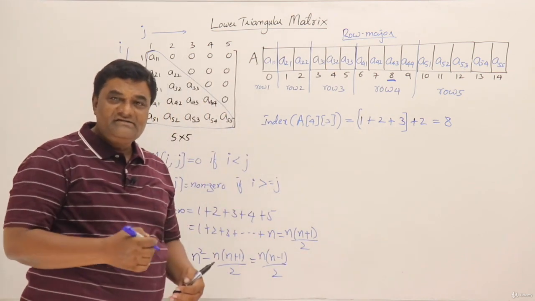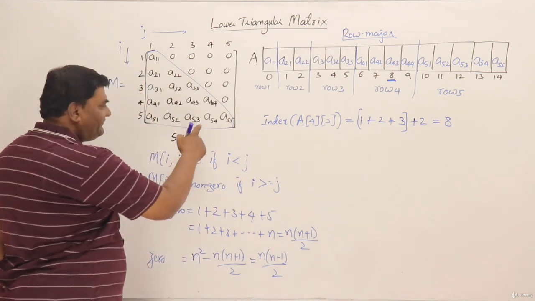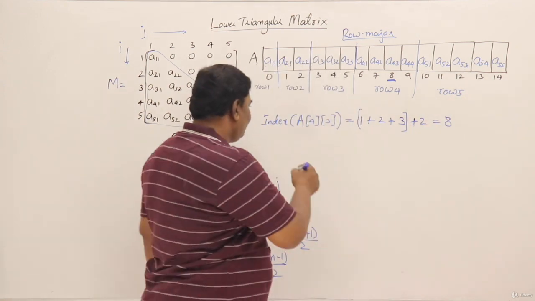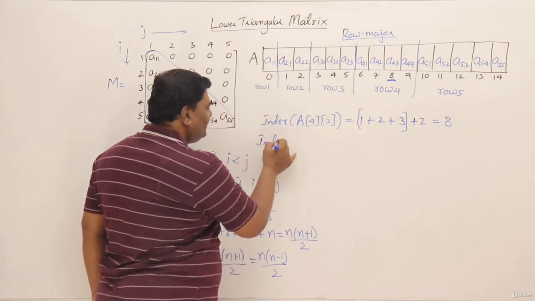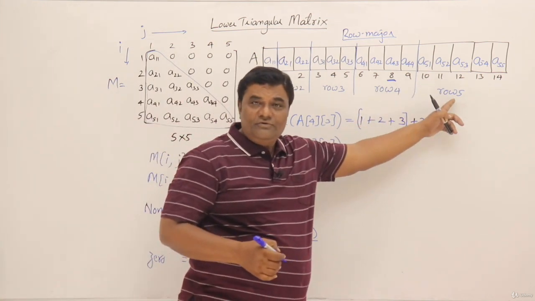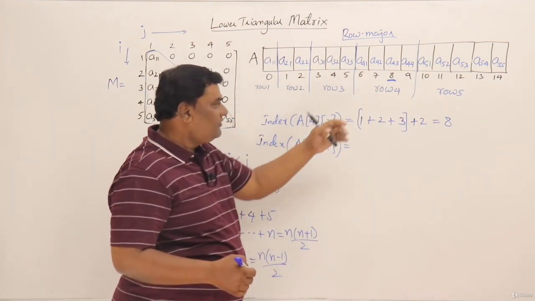Let us take one more example and then we will build a formula. Suppose I want to access 5, 4. So 5, 4 is present at index 13. So what should be the index of 5, 4? 5, 4 means I should go to the 5th row. For that I should cross over 4 rows.